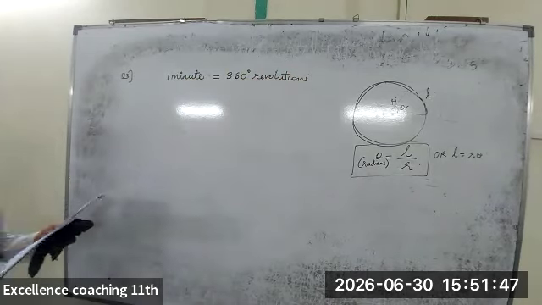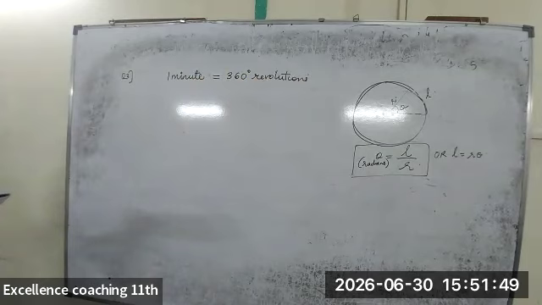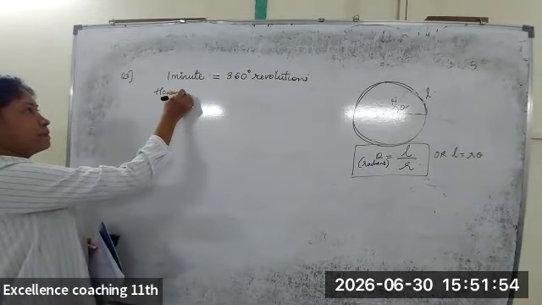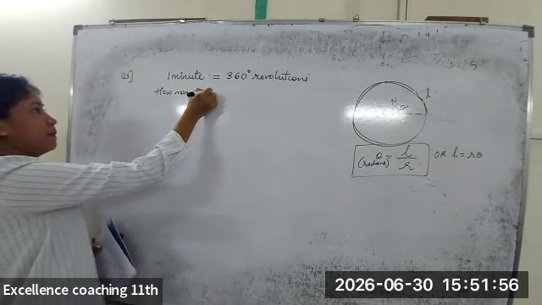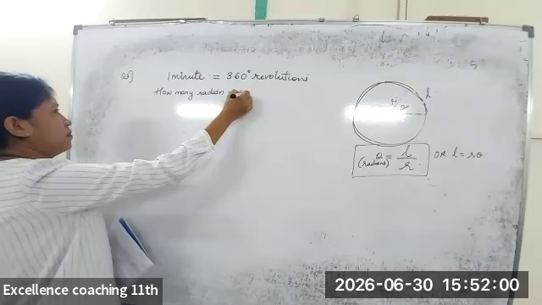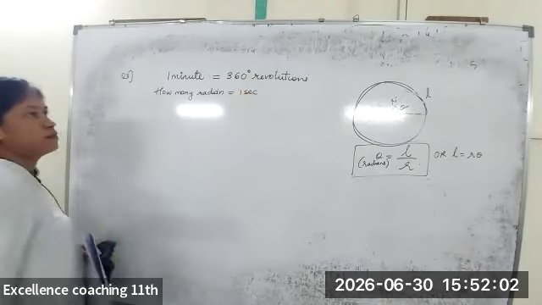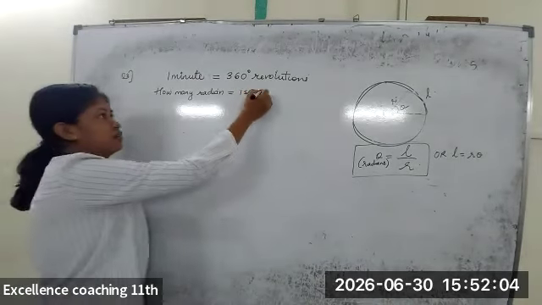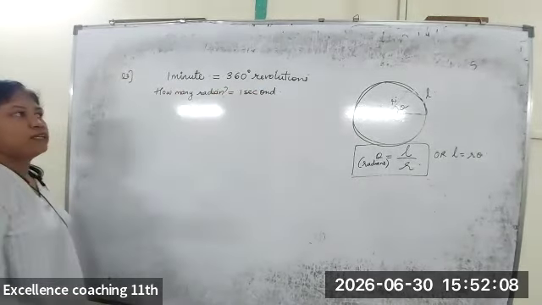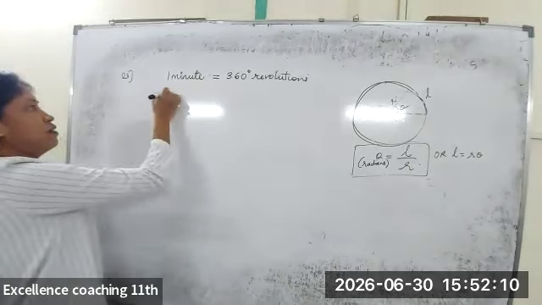How many radians does it turn in 1 second? In 1 second, how many radians? So I can write it this side.